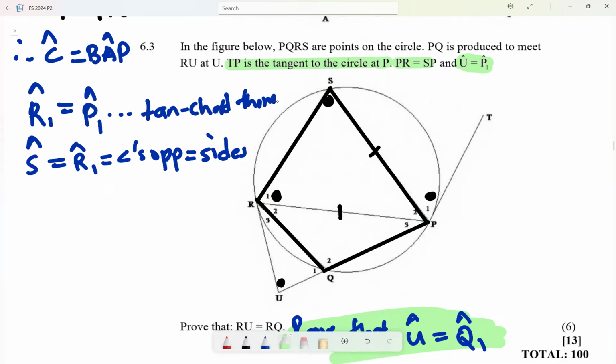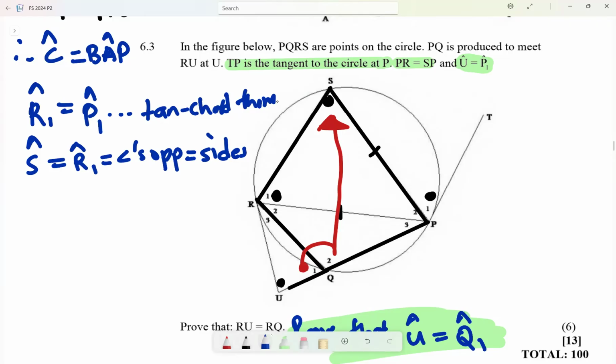Remember, if this is a quadrilateral like this, what property can I use? I can extend this line like this. If I extend this line, this angle will equal the opposite interior angle. What do I mean?